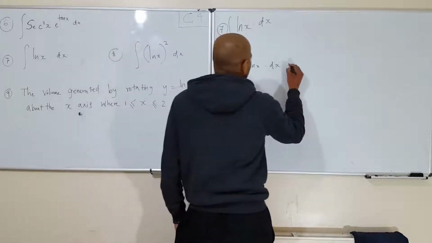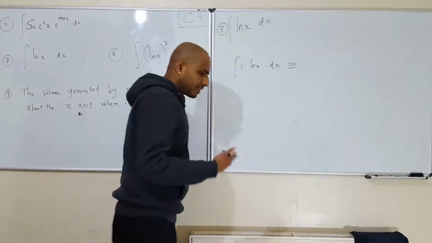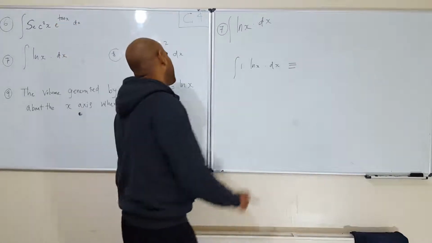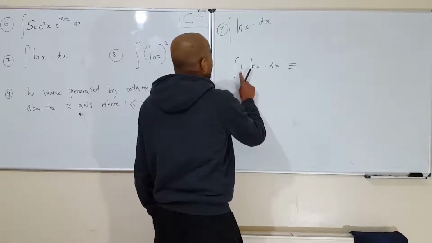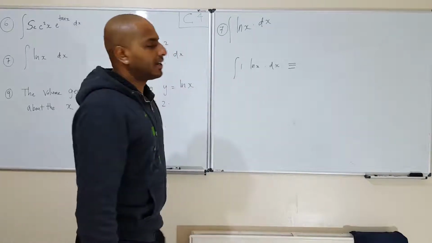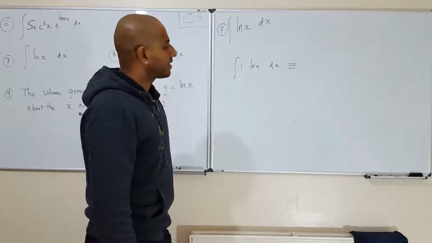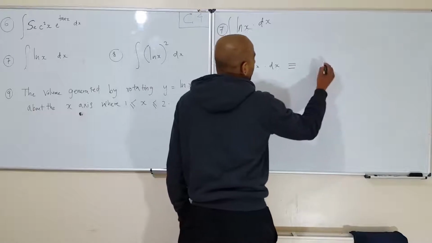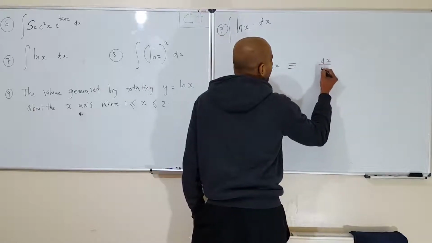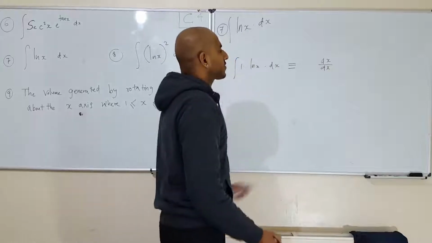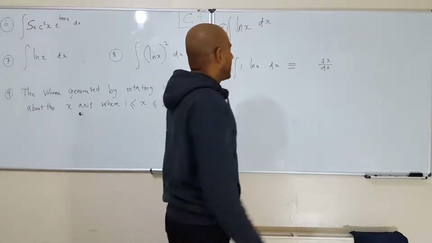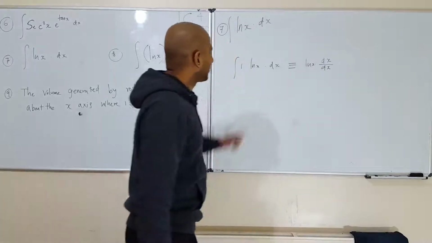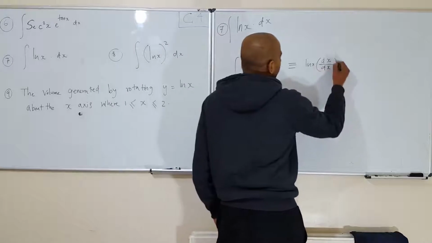Now we're going to rewrite this in a much more conducive format for integration. Now 1 can be integrated, isn't it? If I integrate 1, I'm going to get x. So I'm going to integrate 1, and again I'm going to differentiate it. You see? So basically dx over dx is again 1, right? And I'm going to write ln x as it was before, and obviously I got dx the other side.